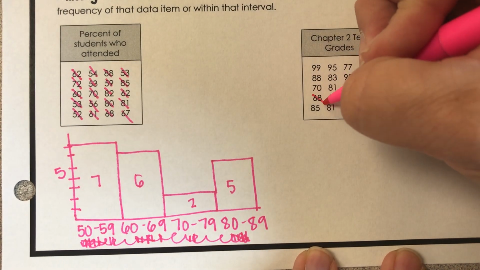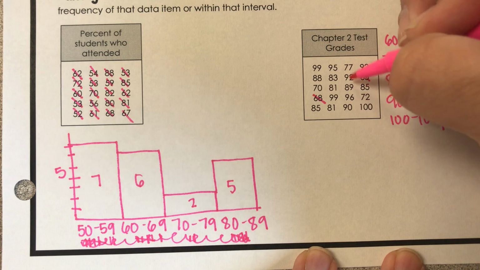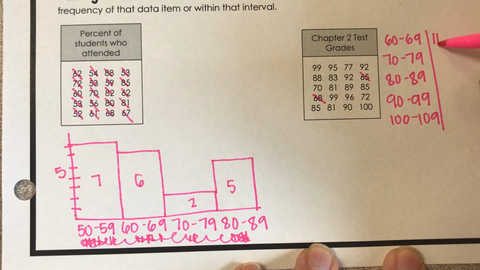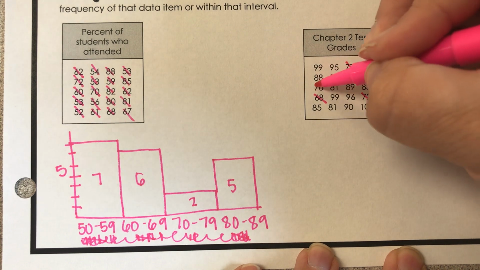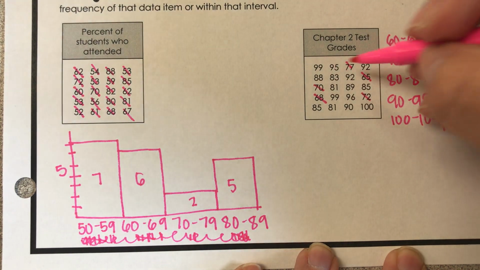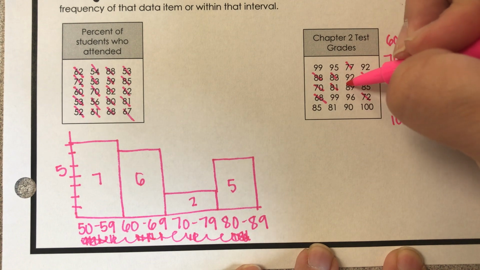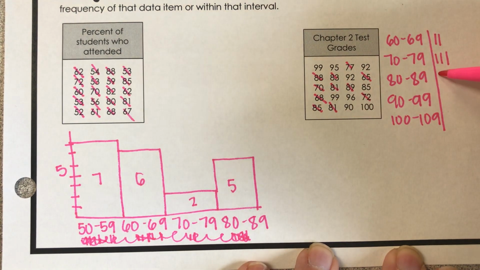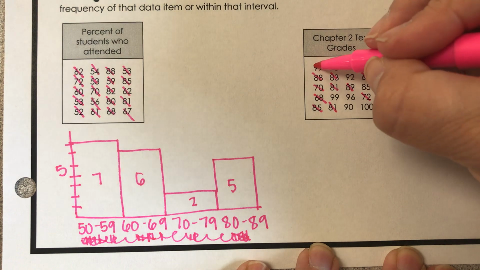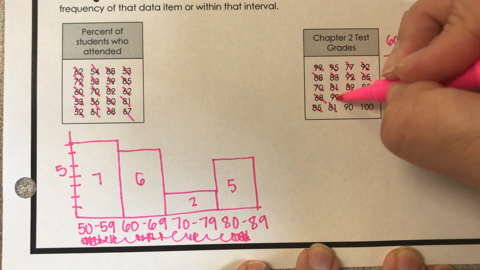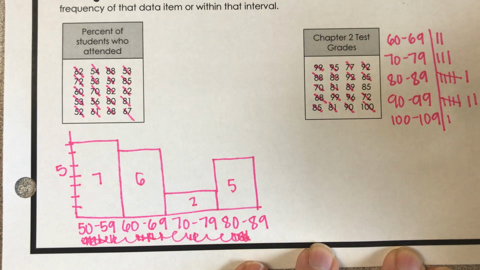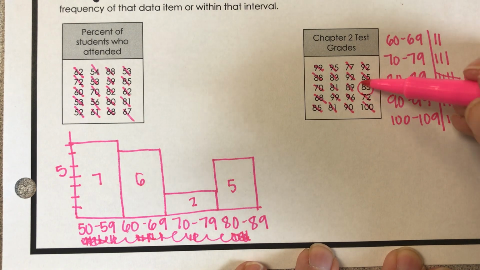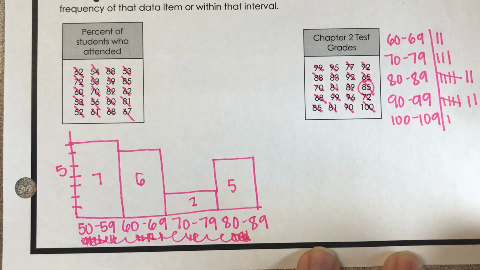My 60s, I have just 2. 70s, I have 3. 80s, I have 6. 90s, I have 7. And then the 100 to 109. But see, here's the thing, look. That one I forgot to cross off, so I need to add another one over there.